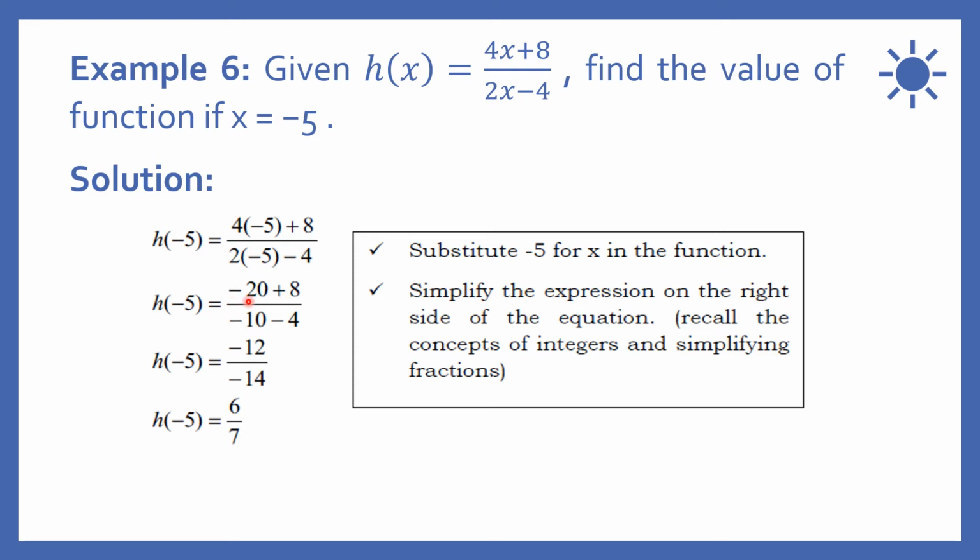Since ito ay different signs, so you will subtract. 20 minus 8, that is 12. And then you will get the sign of the higher number. Kaya siya ay negative 12. Okay? Ito naman, they are same sign. So you will add. 10 plus 4 is 14. And then you will copy the common sign.